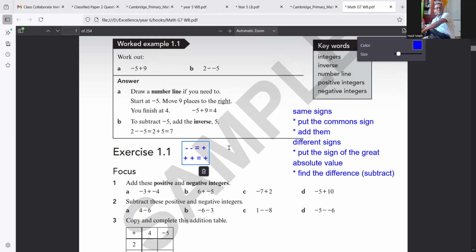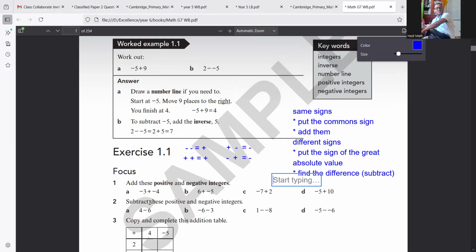If you have plus and minus, make them minus. And if you have minus and plus, make them minus. You need to do this before you look at whether your numbers have the same sign or different signs.